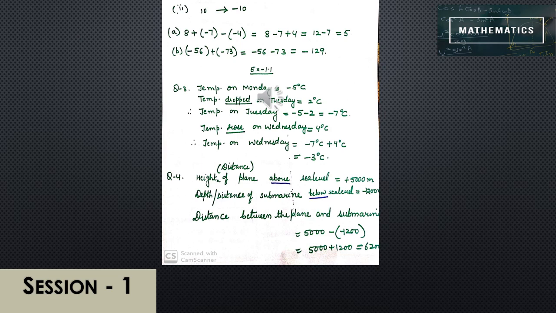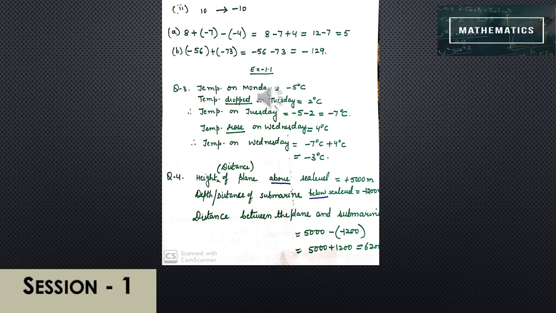Then the temperature on Tuesday will become minus 5 minus 2, because the temperature is dropping, so it will become minus 2. So minus 5 minus 2, if both are negative, then we have to add both the numbers and put a minus sign. So minus 5 minus 2 will become minus 7.